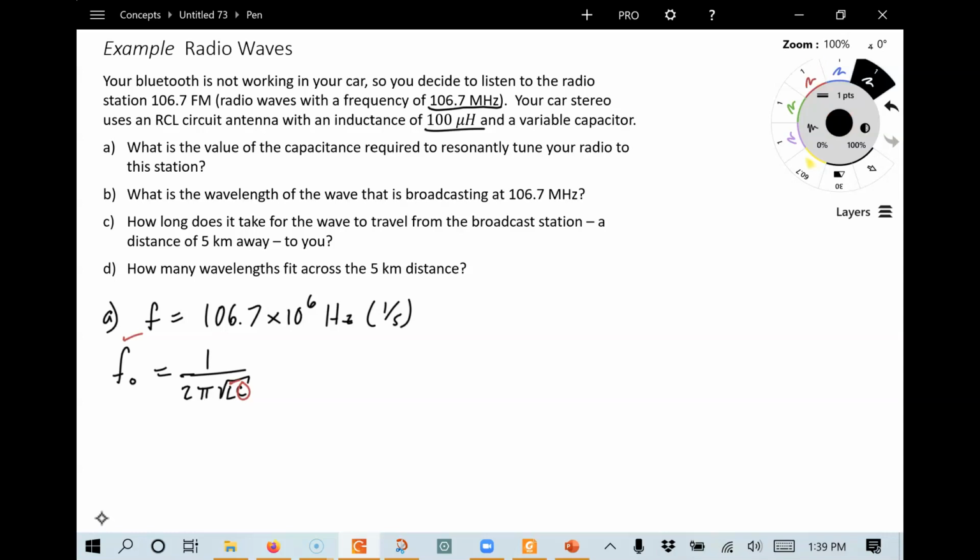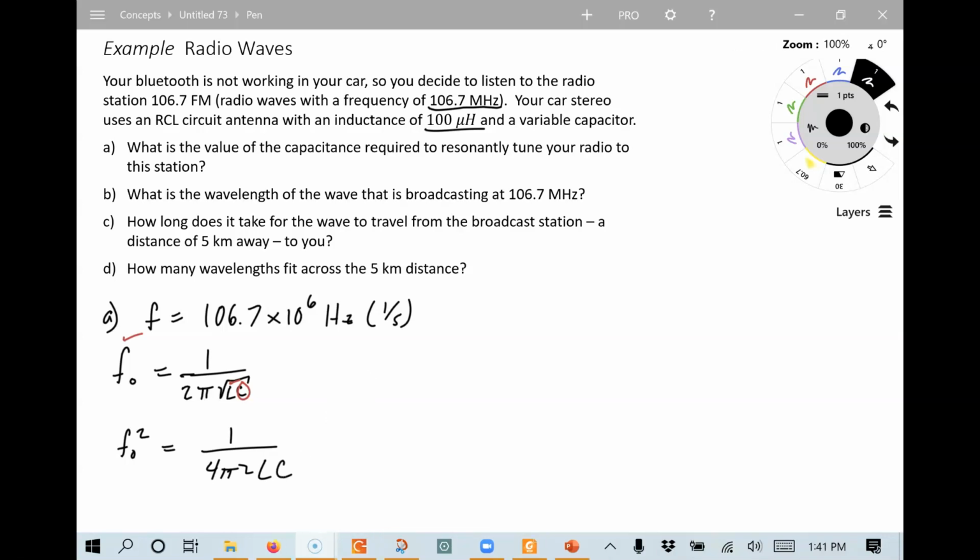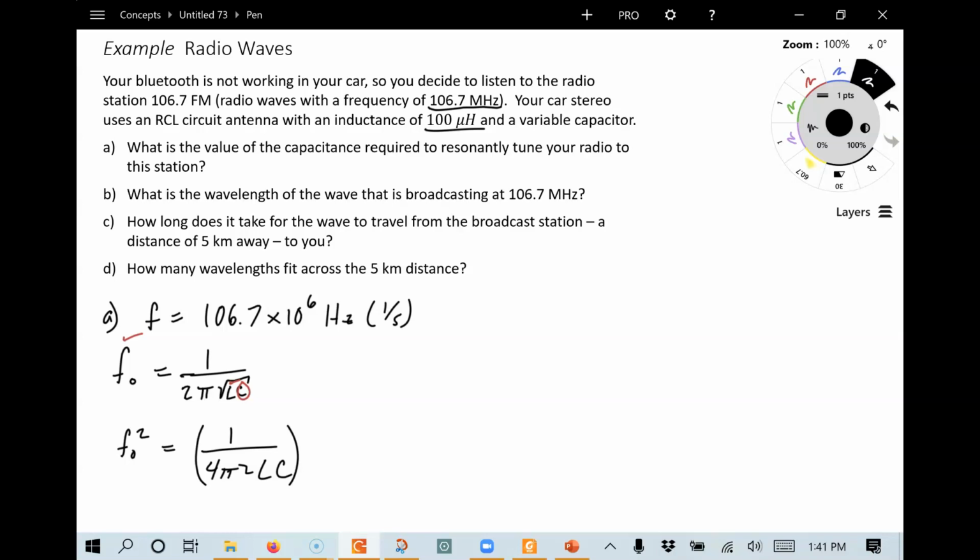So a little bit of algebra here. Let's square both sides. That's going to give us resonant frequency squared is equal to 1 divided by 4 pi squared times L times C. And finally, to solve for C, we can go ahead and multiply both sides of this equation by C and divide by the frequency squared.